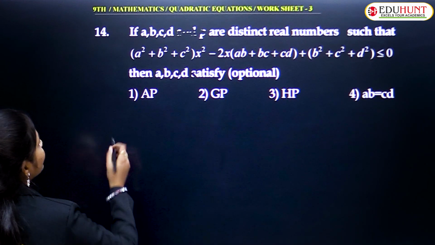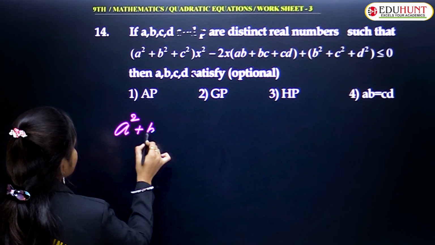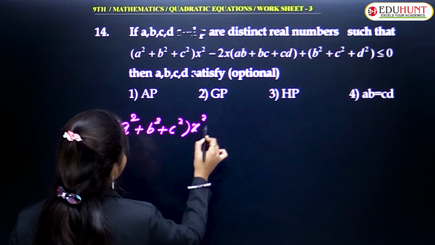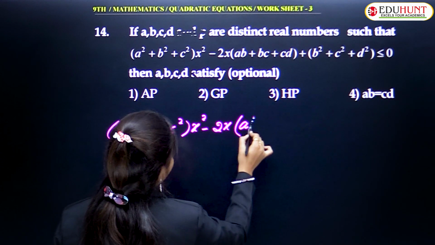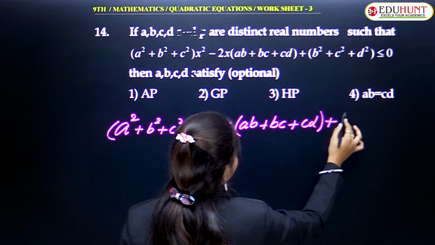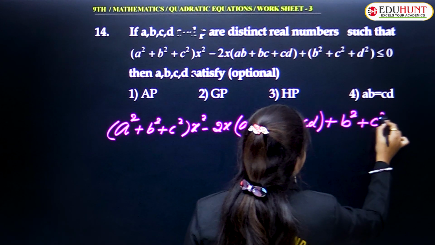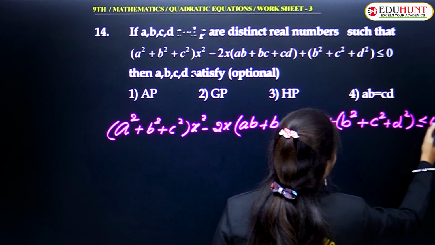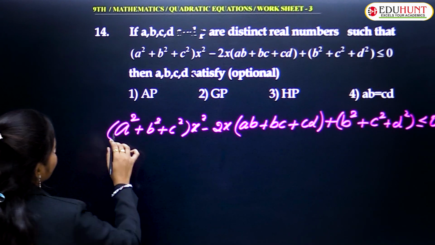So what is given here? (A square plus B square plus C square) into X square minus 2X into (AB plus BC plus CD) plus (B square plus C square plus D square) is less than or equal to 0. Okay, so let us simplify this first.